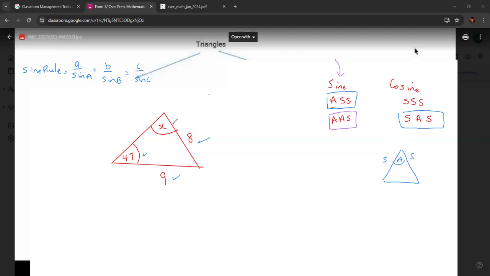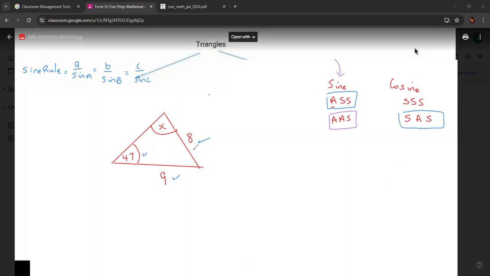If you look at this, I have a side given here and a side given here, but the angle is not in between. If the angle is in between, then we use the cosine rule, right? So it's like a mind map. Make sure you know your mind map and we're able to follow through the map and know which one to use.